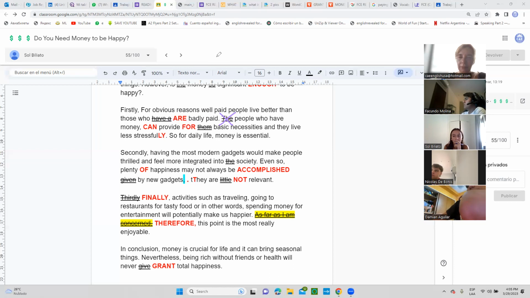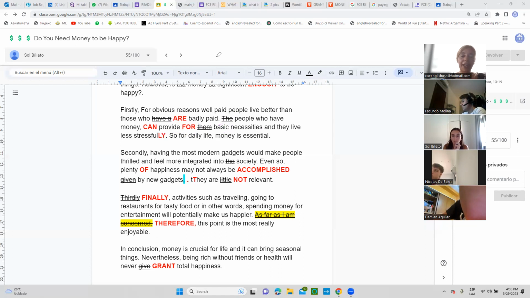Let's simplify. People who have money can provide, pueden proveer. For, porque them, why them? We don't need it. Just go straight to the point, Sol, okay? People who have money can provide for, because after provide we use for, basic necessities.